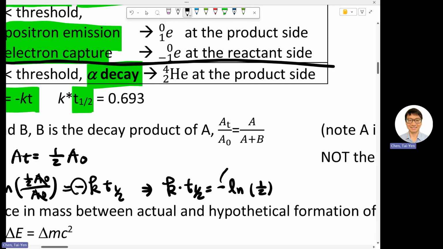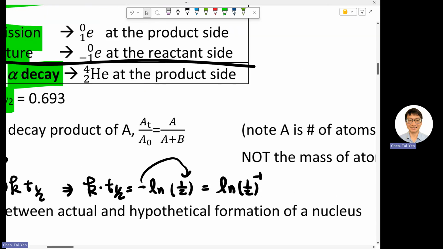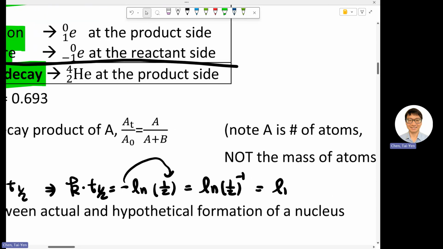If you put the negative sign inside, it will be natural log of 1/2 inverse, which equals natural log 2, which gives you 0.693. So that 0.693 is natural log 2, and the reason it's log 2 is that we are at a specific time point, t half, where your concentration is just half the amount of the original.